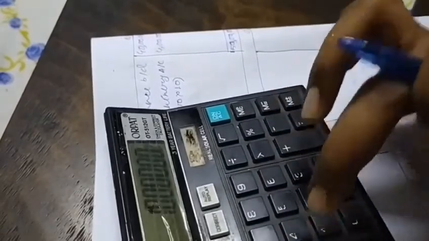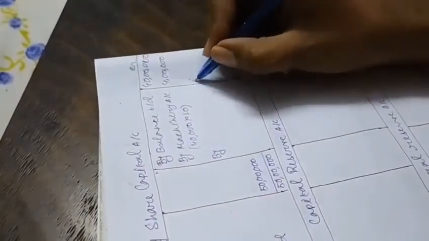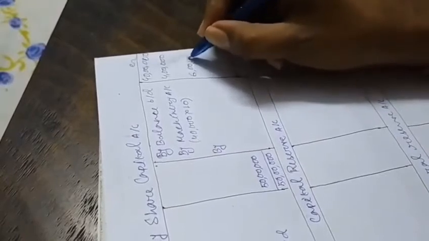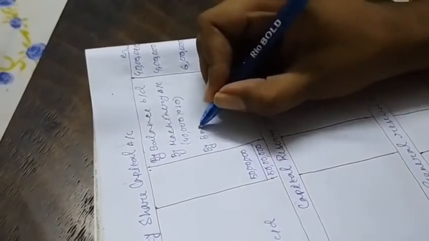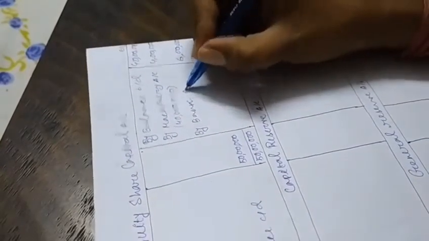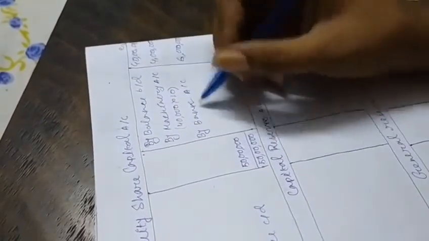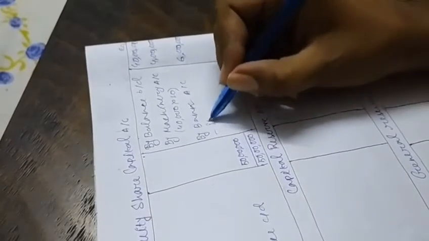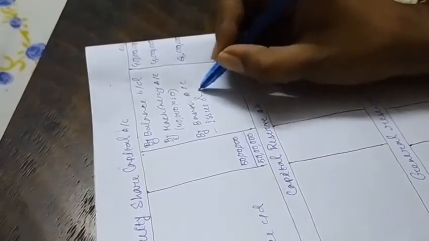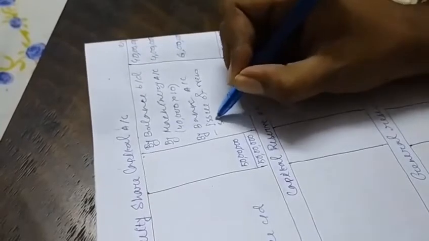That comes to 6 lakh. So what is this 6 lakh? 6 lakh is issued to the customers differently. So by issue of new shares to customers.